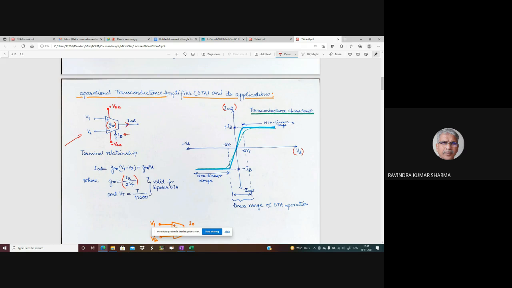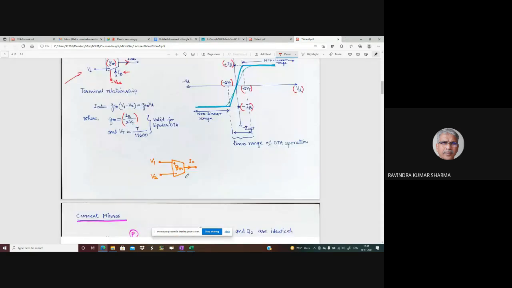If V1 minus V2 exceeds plus minus 2VT, the output current saturates to either plus IB or minus IB. This is a slight difference compared to the op-amp. An op-amp saturates to plus minus VCC, while the OTA saturates to plus minus IB. Correct? Having discussed this, now we can move ahead.